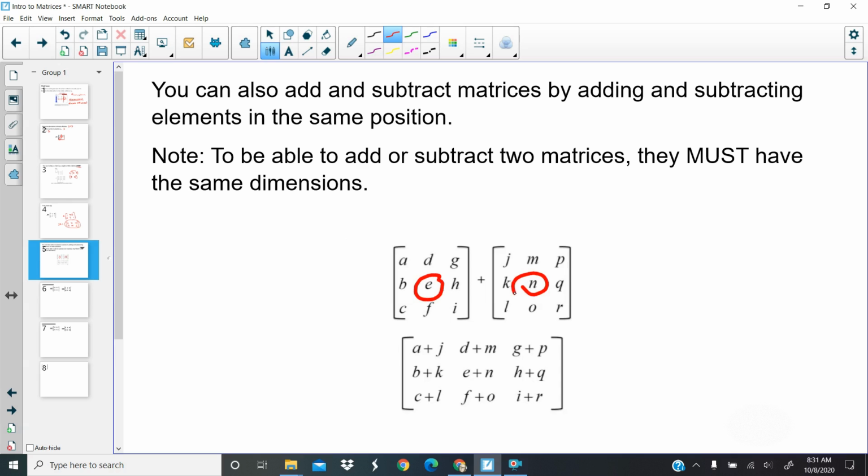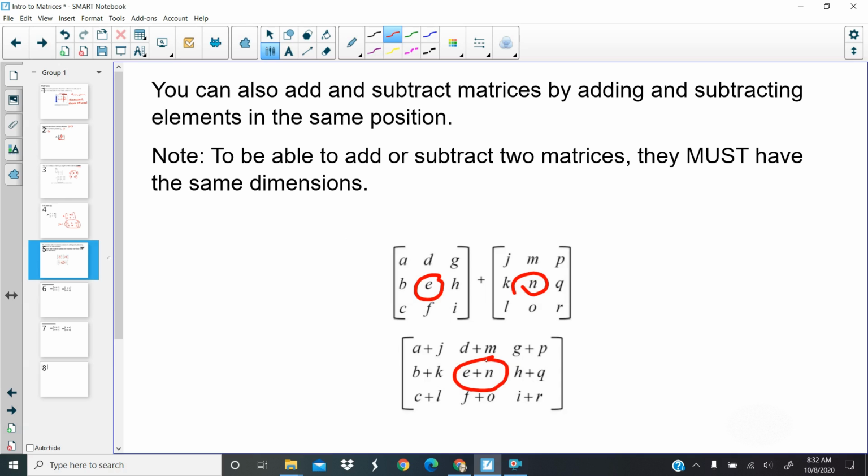And in the resulting matrix, it's going to be element 2, 2 from the first one plus element 2, 2 from the second one. It's probably easier to look at it without trying to name what elements they are. Just think of it as adding the two middle elements in that one, and think of position more so.